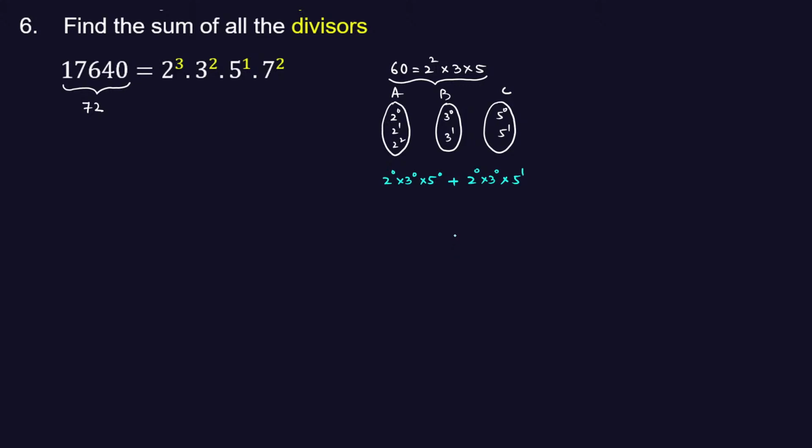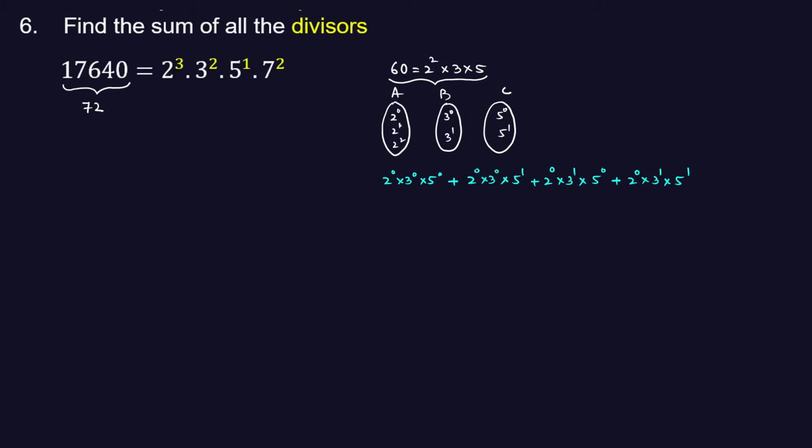Is it clear? Next we are considering 2 to the power 0 into 3 to the power 1 into 5 to the power 0. Then again we are considering 2 to the power 0, 3 to the power 1, 5 to the power 1. Is this clear? So these are the four divisors that we got.